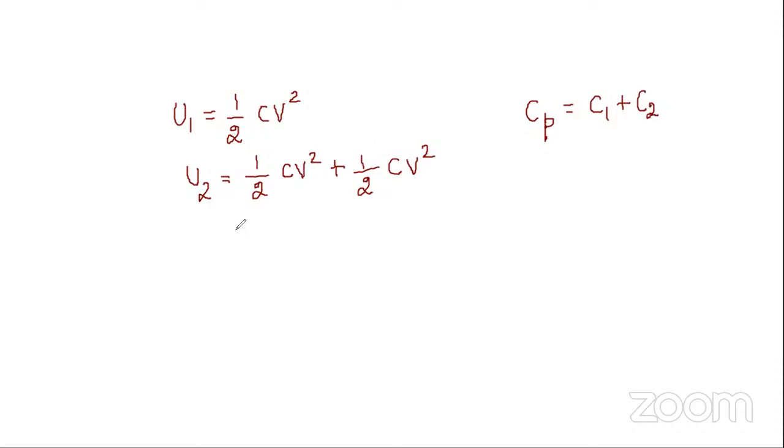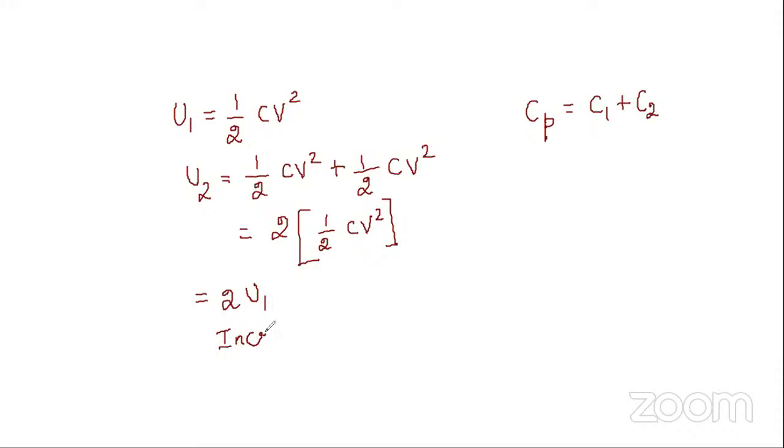So half CV square plus half CV square will be 2 into half CV square. You can write it this way. That means 2 times the initial potential energy. That means the potential energy of this system now increases by a factor of 2.